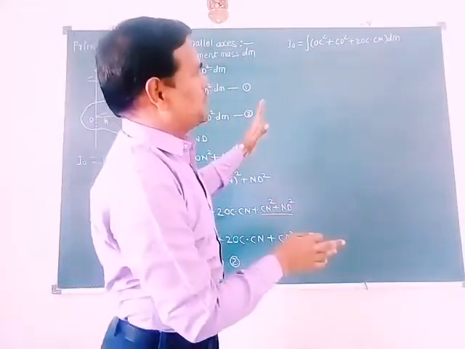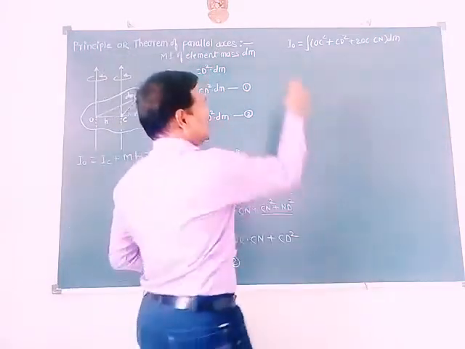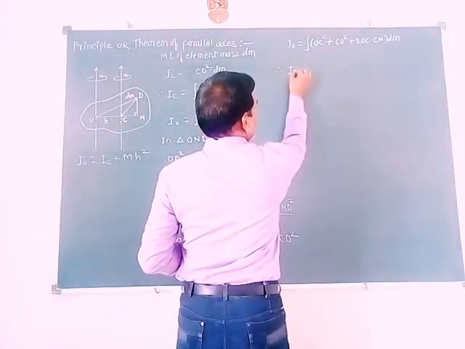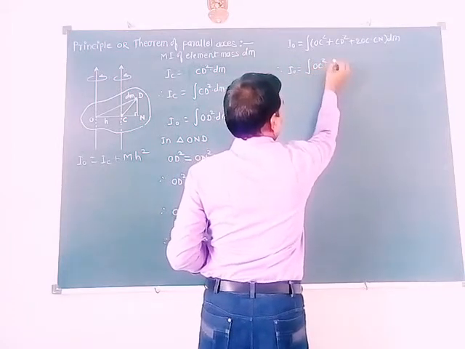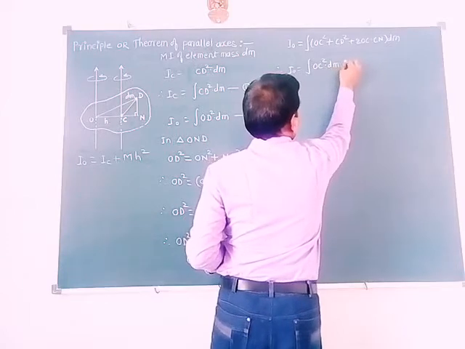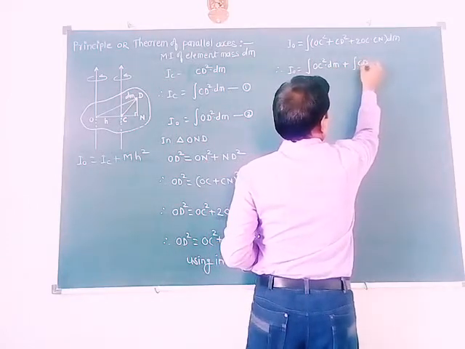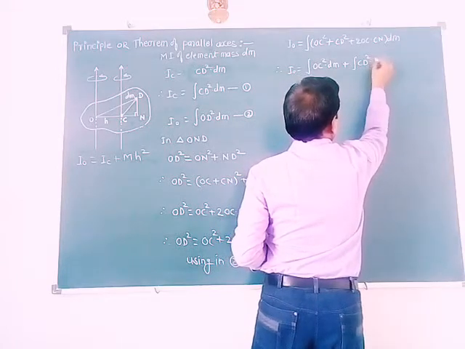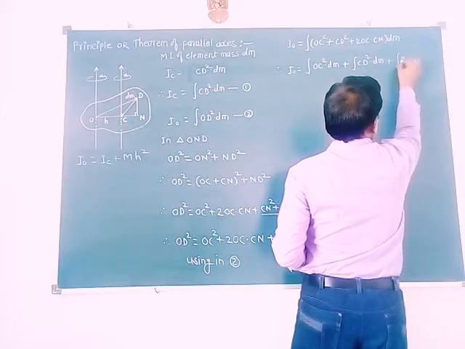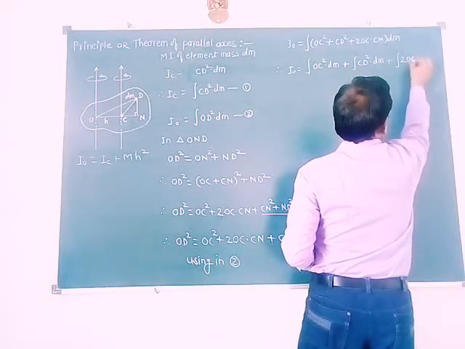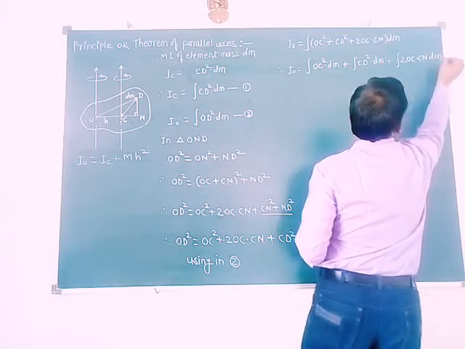Now multiply dm separately to each term and take the integration also separately. So IO equals the integration of OC square into dm, plus the integration of CD square into dm, plus the integration of 2 OC into CN into dm.